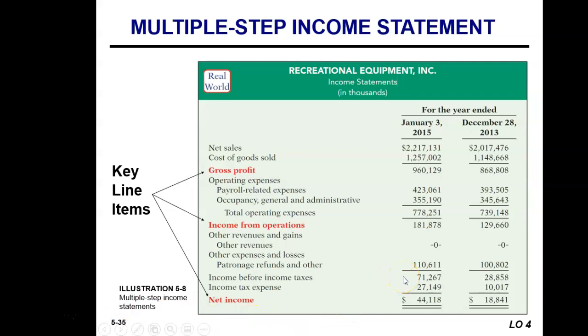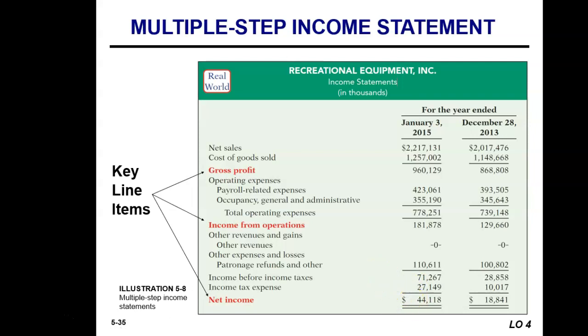They'll give you a rate. It could be 20%, it could be 21%, it could be 15%. It just depends upon which tax bracket they fall under. But subtract the income tax expense from your income before income taxes to get your net income.